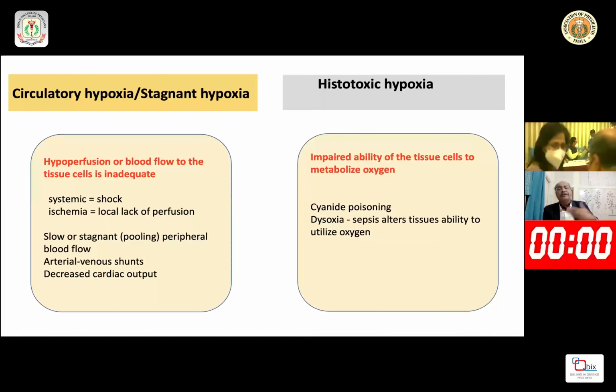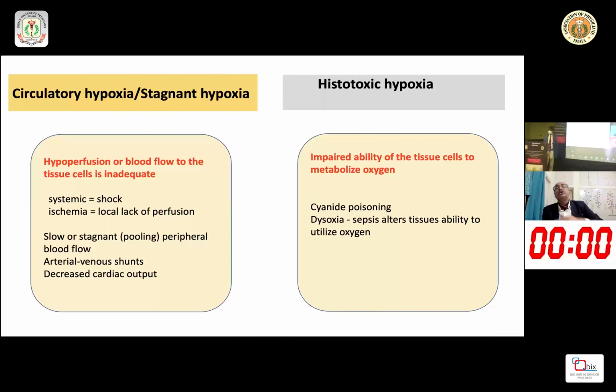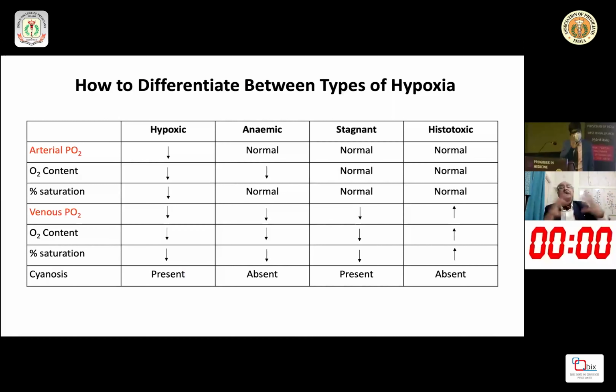And histotoxic, as I said, is the tissue inability to utilize oxygen, as in sepsis, because the electron chain has gone. Please conclude.